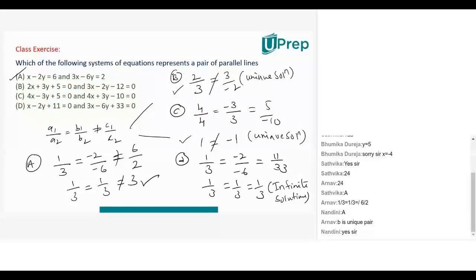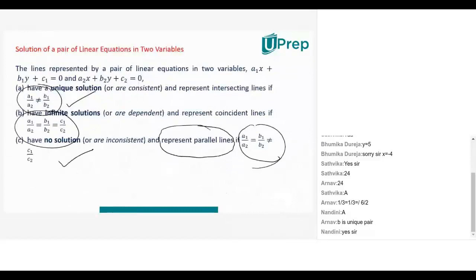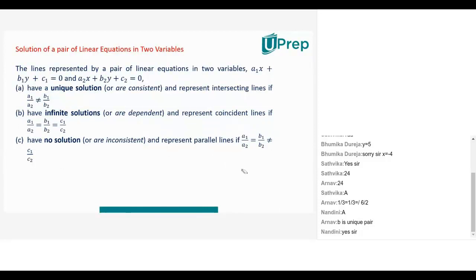Here, in the first case, A1 by A2 not equal to B1 by B2, the same case, not equal to C1 by C2. Actually, this condition is enough, but you can include this condition also. So, if this condition obeys, it will represent two different lines. And two different lines intersect at only one point. That's the reason why unique solution.